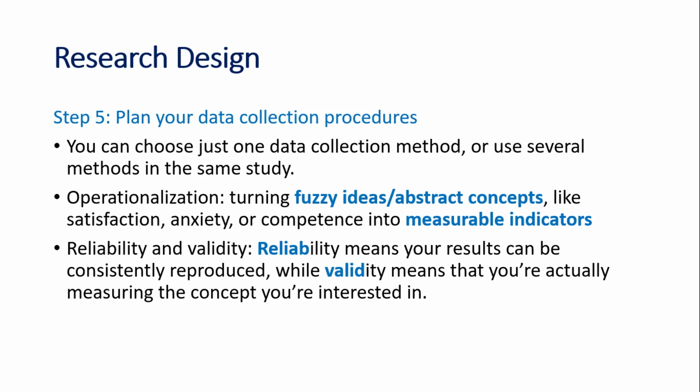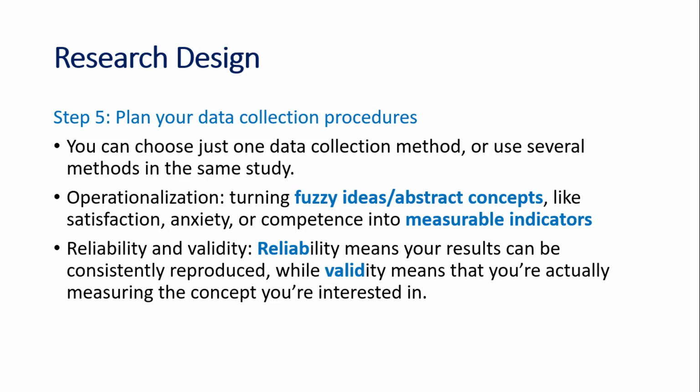In planning, you take into account operationalization, like turning fuzzy ideas and abstract concepts like satisfaction, anxiety, confidence that people might have talked to you about in, let's say, interviews. They may be using some terminology, speech and poetic style, but you have to bring in some measurable indicators on which you can then conduct your research.